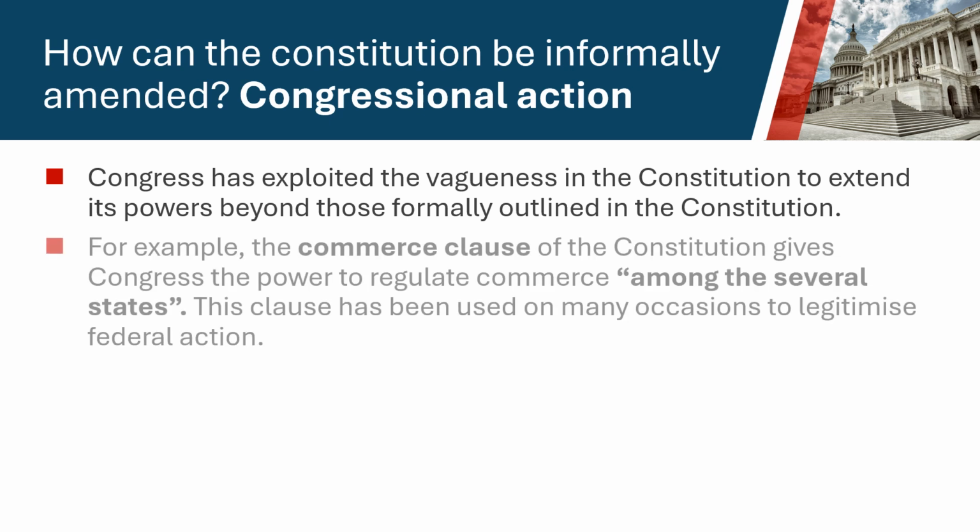For example, the Commerce Clause of the Constitution gives Congress the power to regulate commerce among the several states. This clause has been used on many occasions to legitimize federal action by Congress in ways that the Founding Fathers did not necessarily consider.